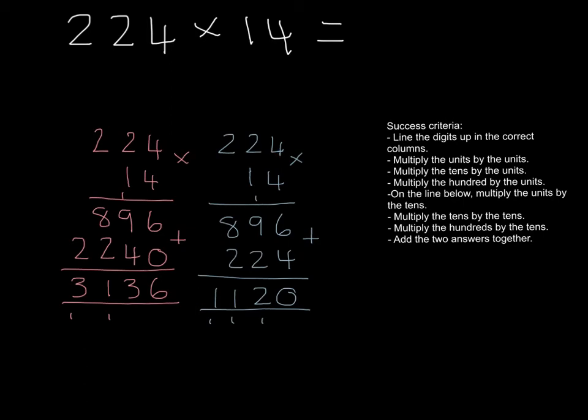As you can see, both multiplications have lined the digits up in the correct columns. They both have multiplied the units by the units, multiplied the tens by the units, and multiplied the hundreds by the units.